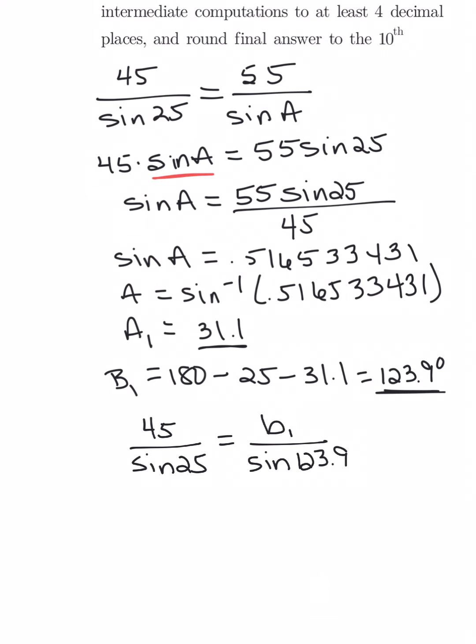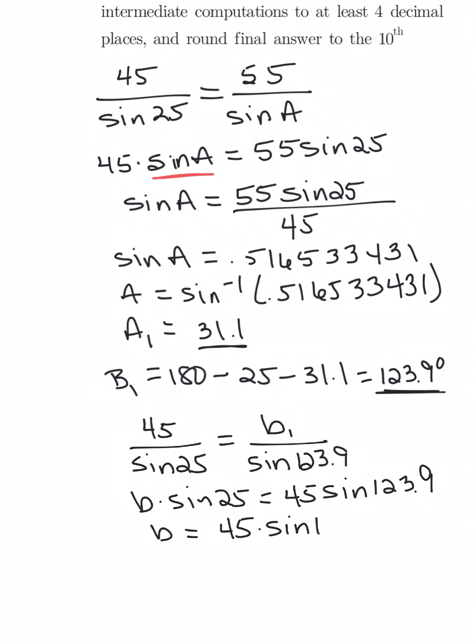Cross multiply, you're going to have B times the sine of 25 equals 45 times the sine of 123.9. Divide by the sine of 25, so B equals 45 times the sine of 123.9 divided by the sine of 25. So we get a side B sub 1 of 88.4, rounding to the 10th.